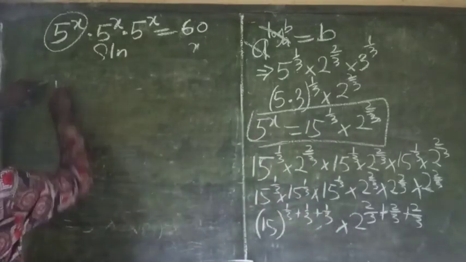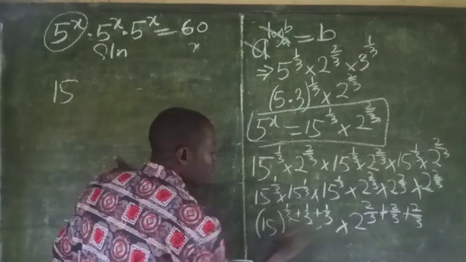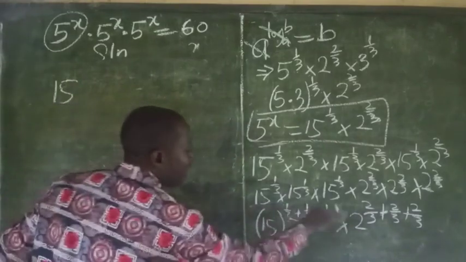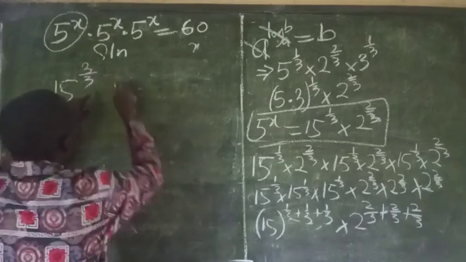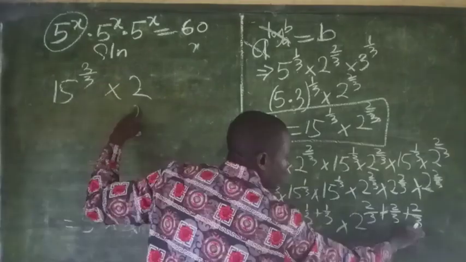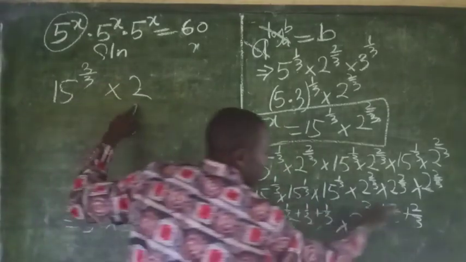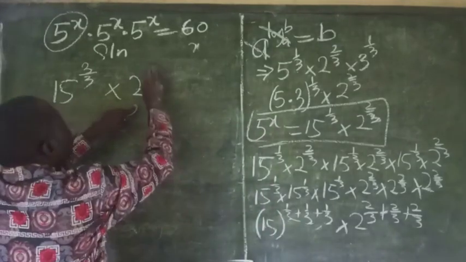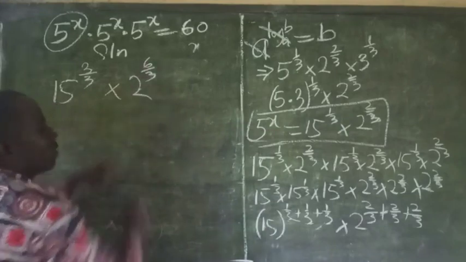Since the denominator is the same, we can therefore add the numerators, which becomes 3 over 3 and 6 over 3.